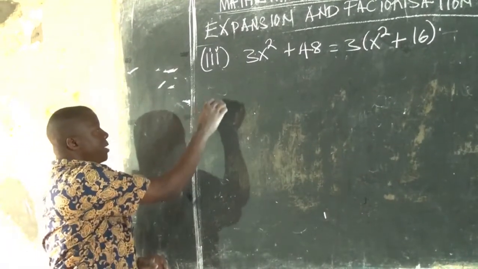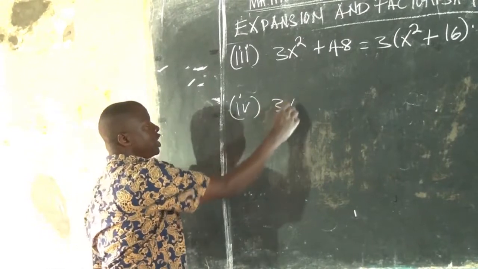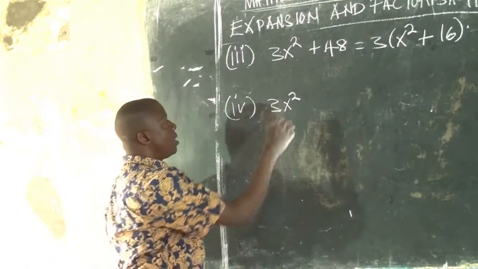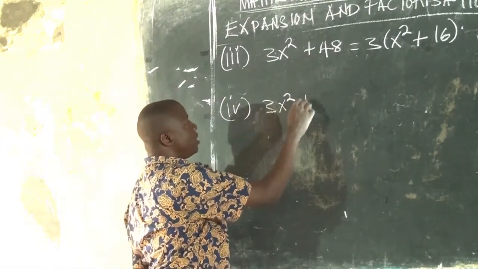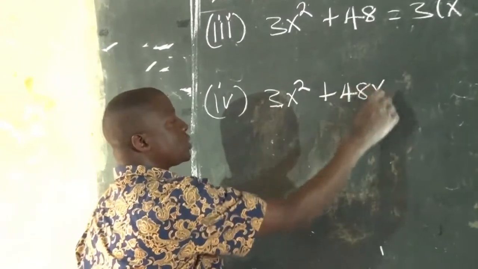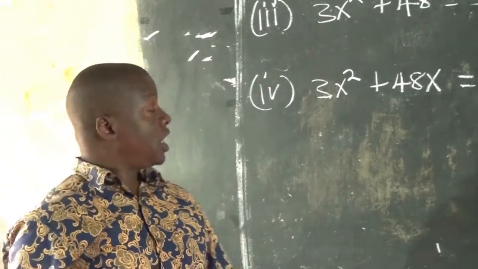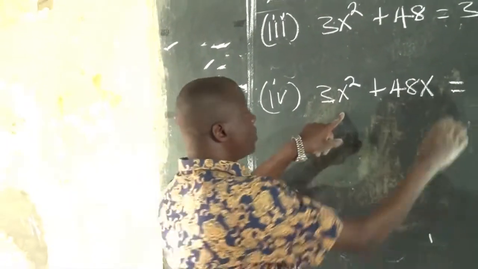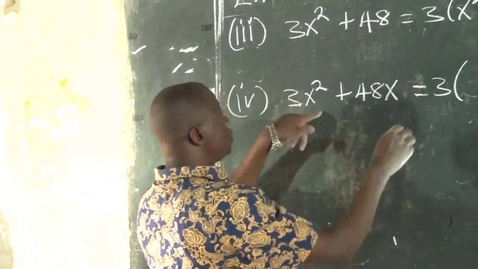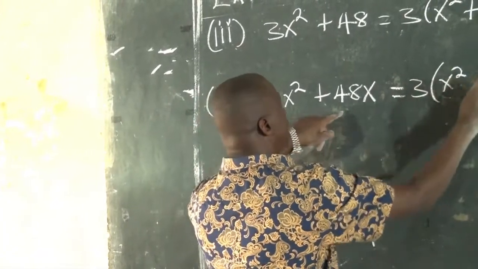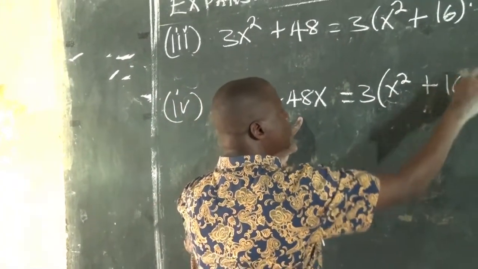When you look at Roman number 4, with the 3x squared plus 48x, this is a different case. Something common, that is 3 into x squared plus 16x.